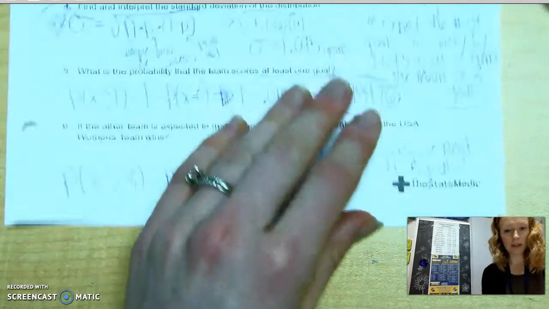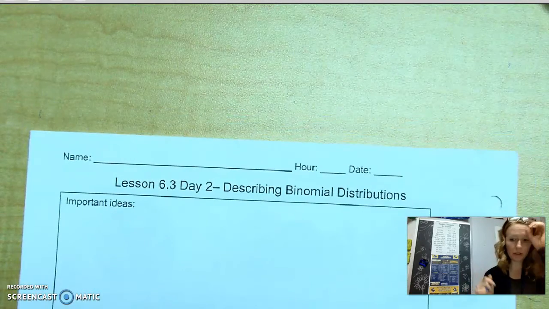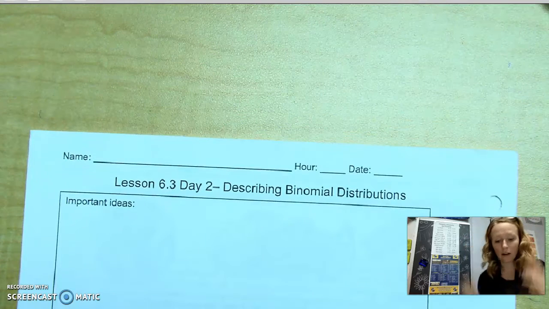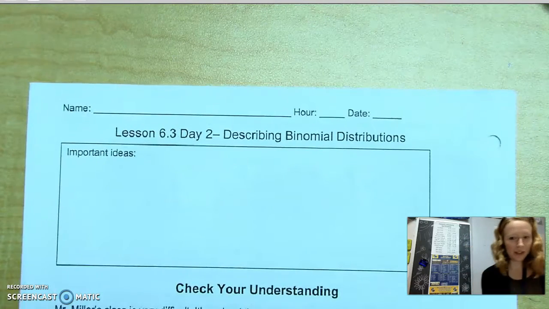Okay, so what we're going to find is some really cool stuff with binomial distributions, and I'm going to show you some calculator stuff as well that's really fun to work with. So yeah, stay tuned.